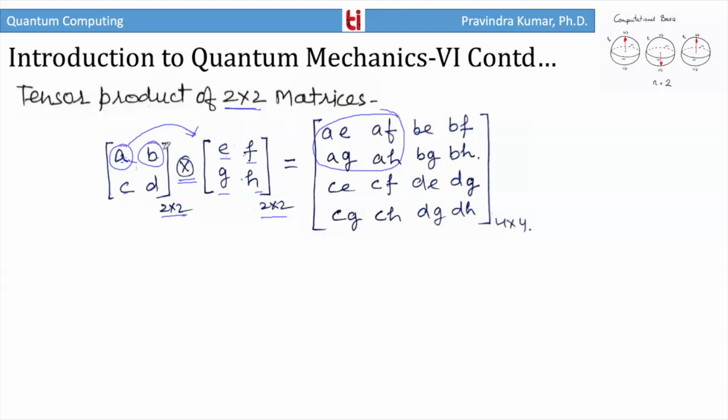B is again multiplied with this matrix: BE, BF, BG, BH. Similarly CE, CF, CG, CH, and DE, DF, DG, DH. It is a 4 by 4 matrix.